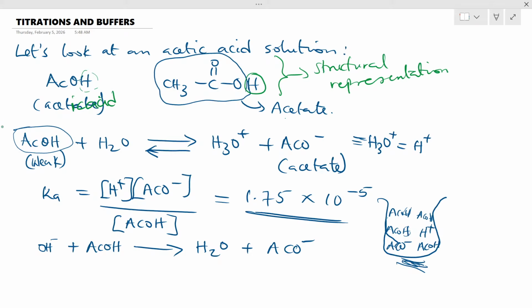So what we did with this reaction is that we represent the whole structural representation of the acetic acid as what? ACOH, and this is what? A weak acid.